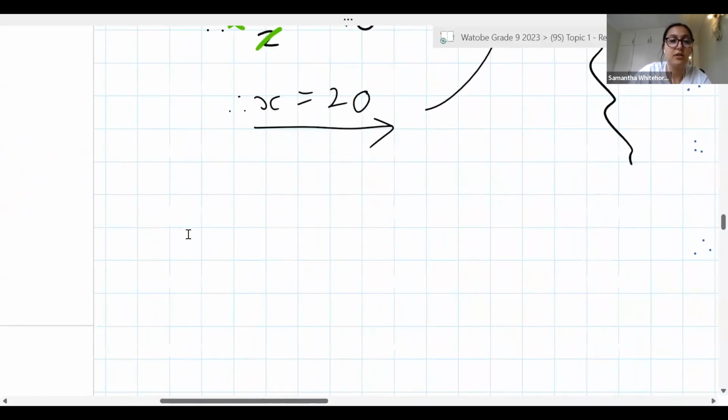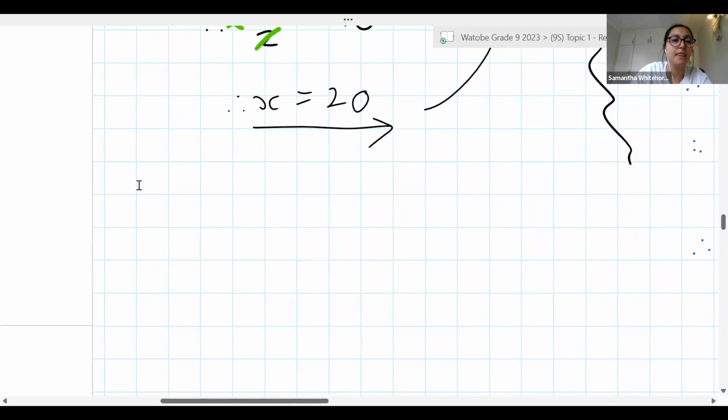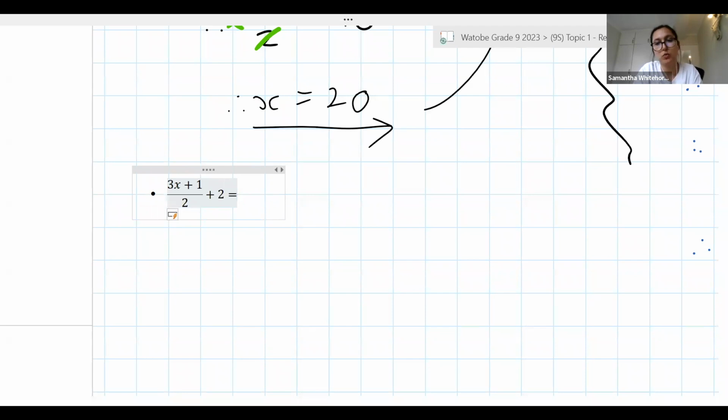I'm going to give you, let's call it a step up equation. Let's hope my maths is on it.